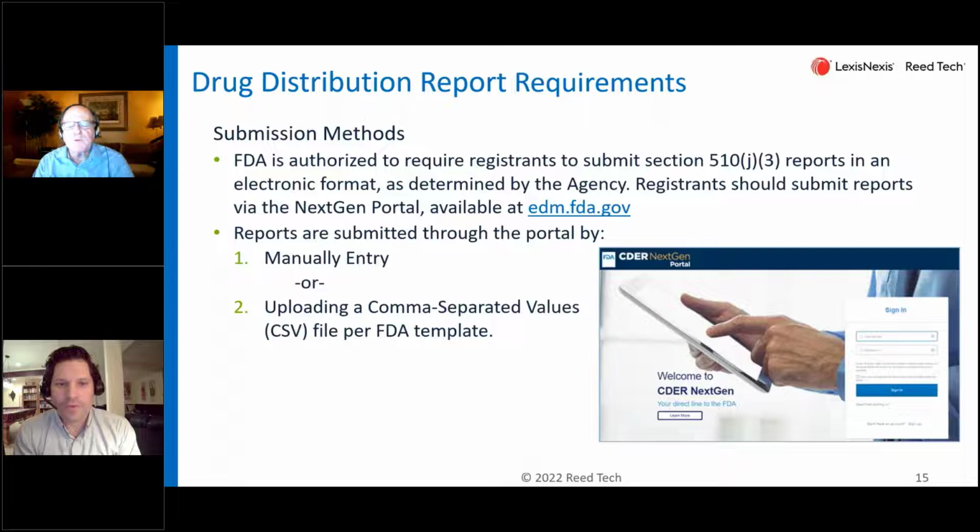This is a portal that's been around for a number of years to handle communication about NDA and other types of applications, but now it's been expanded to also include the drug distribution report submission. You can go to the website and make a manual entry, or you can upload a comma-separated values file, a CSV file, and the FDA does supply a template there.